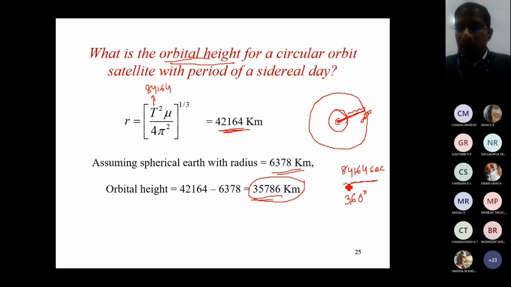So 84,164 seconds is the time taken by the satellite to complete one rotation around the Earth, and 84,164 seconds is the time taken by the Earth to complete one 360-degree rotation around itself.